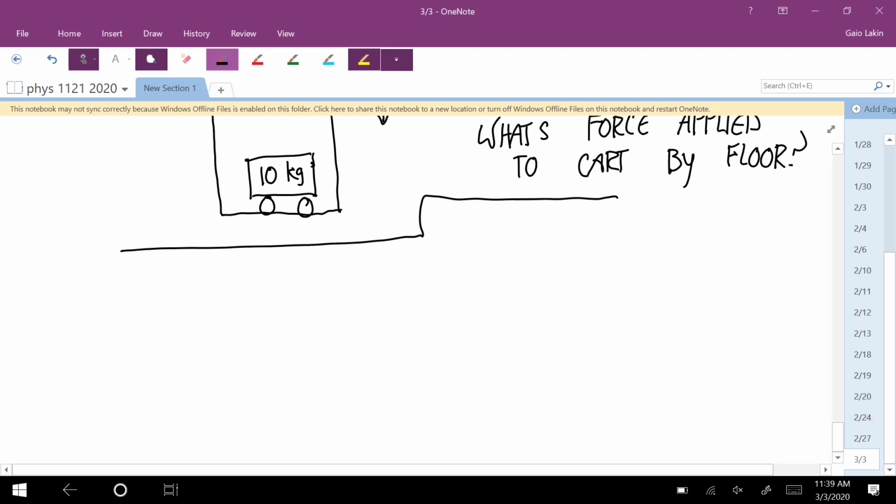So we'll start with a free body diagram. We have a weight force of 10 times 9.81.